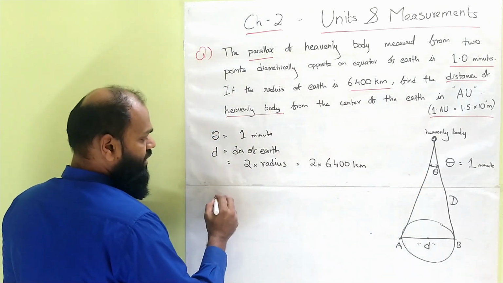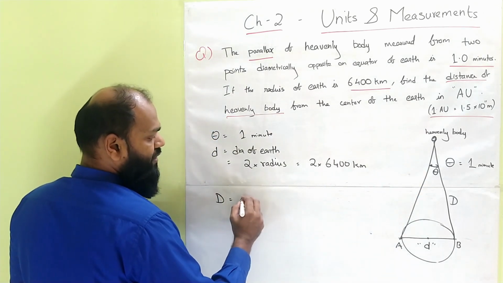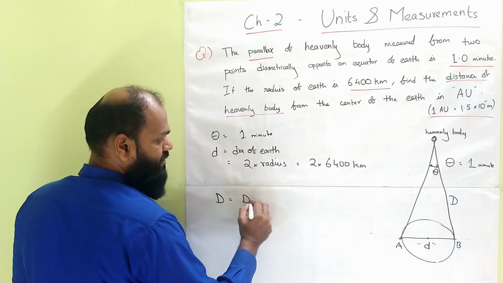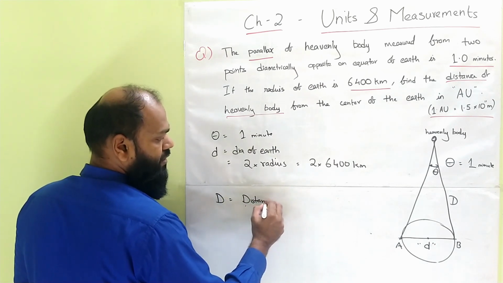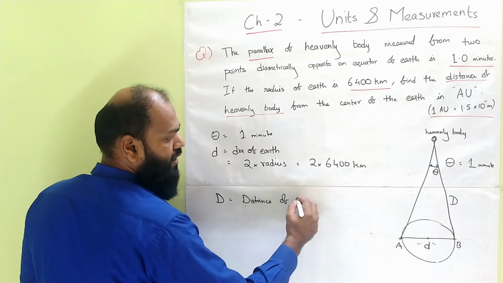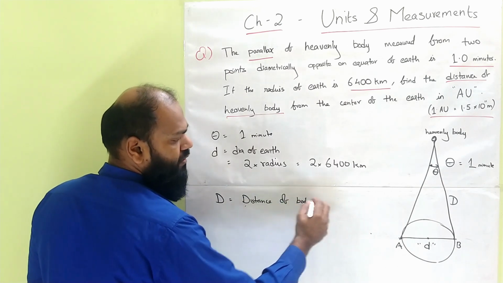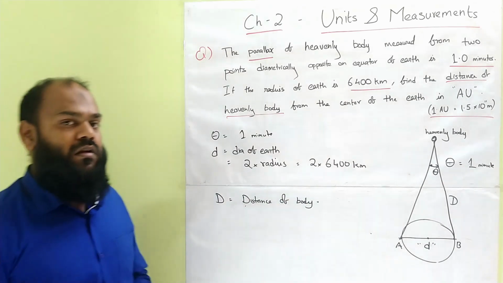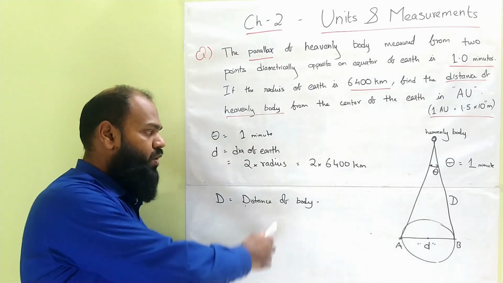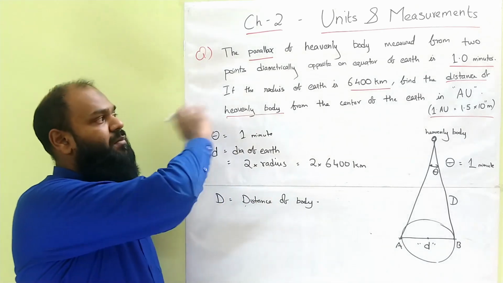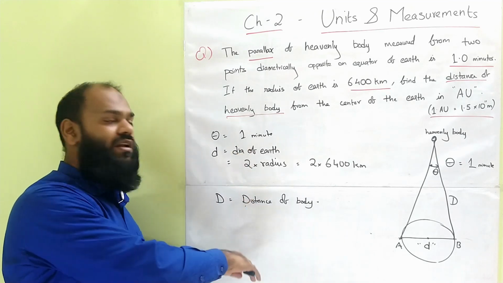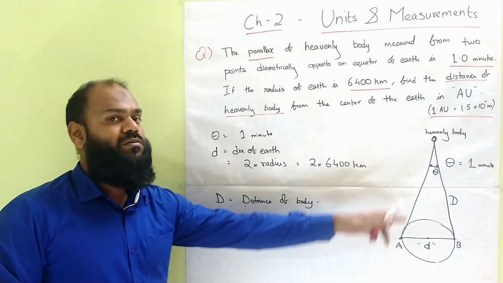We need to find D, which is the distance of the heavenly body. Now we'll see how you can solve. Before that, let me rub out the question and we'll start solving based on this diagram.